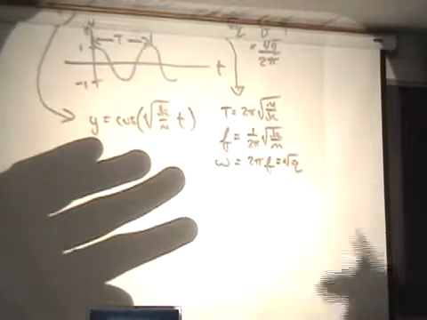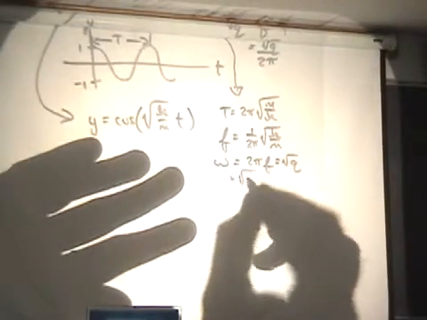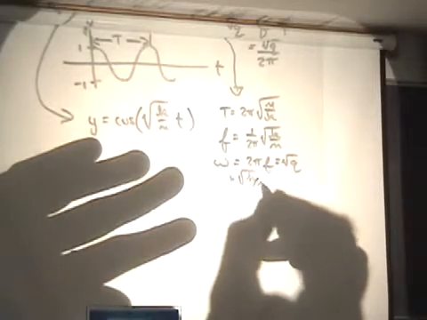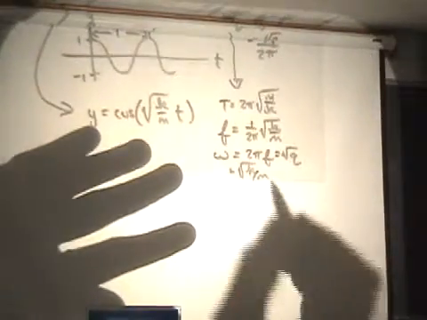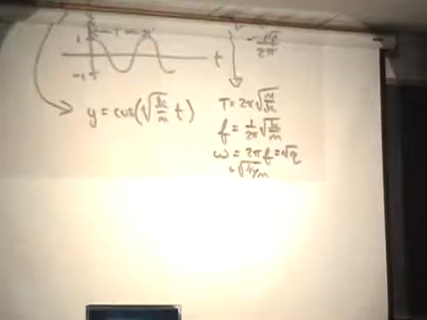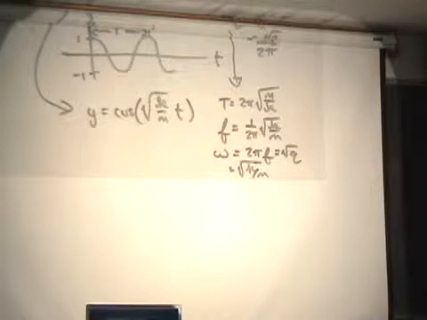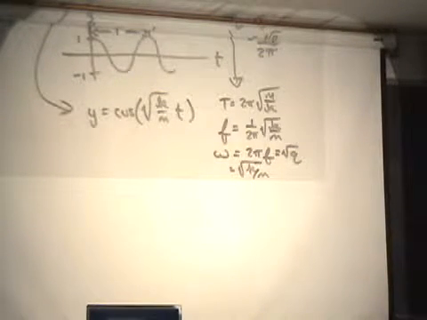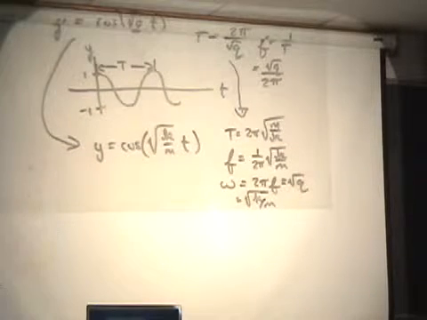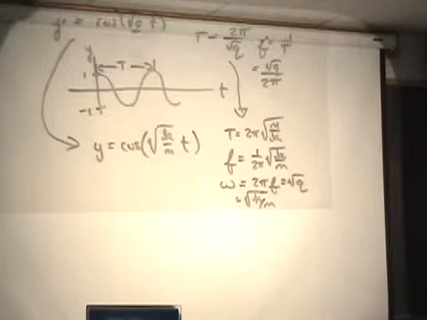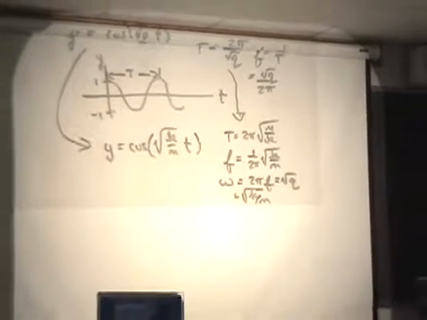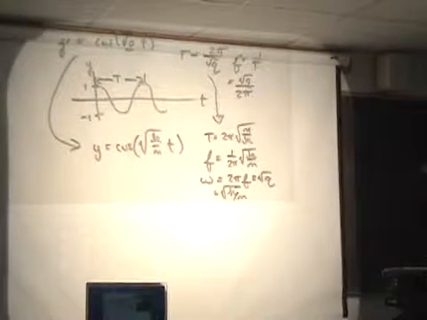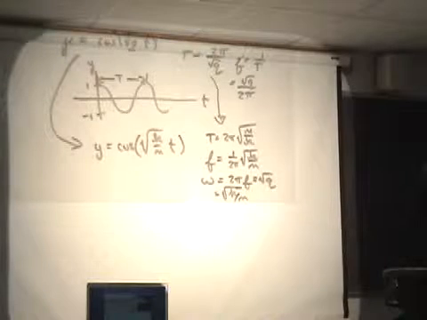Just square root of q in terms of q, and square root of k over m in terms of k and m. The units for that would be in radians per second. It's a little confusing because there's really no angle going on in the picture, but it's useful to think of the units as radians per second anyway, and it is sometimes a useful quantity to think about.